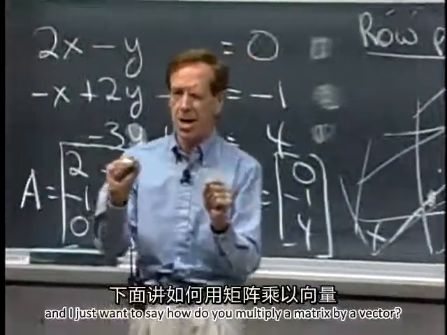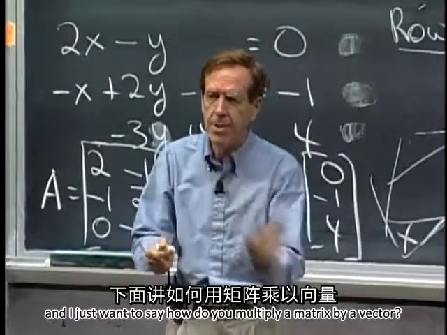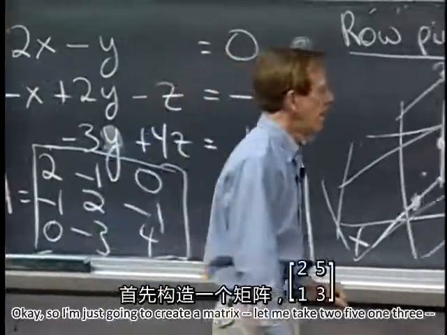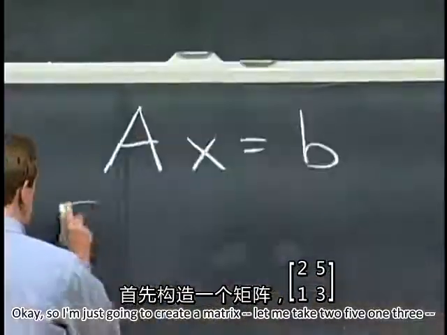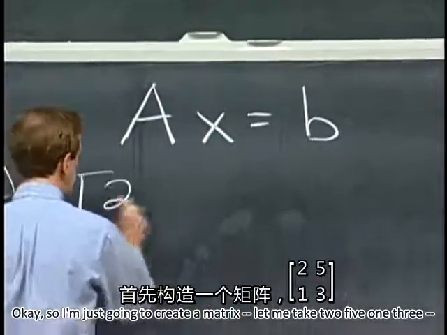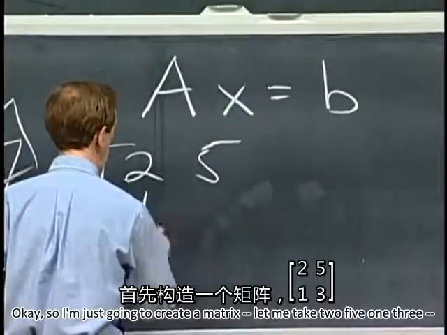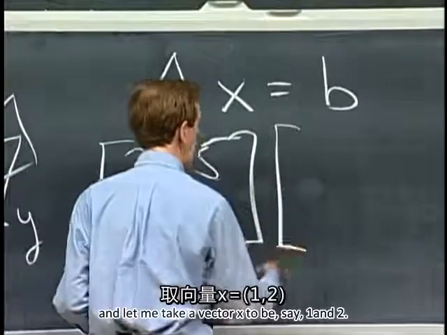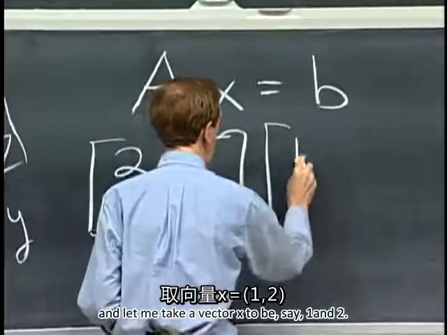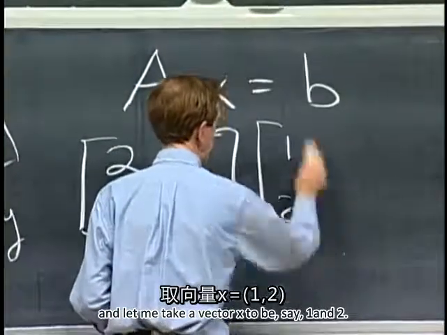And I just want to say, how do you multiply a matrix by a vector? Let me take a matrix 2, 5, 1, 3, and let me take a vector x to be, say, 1 and 2.